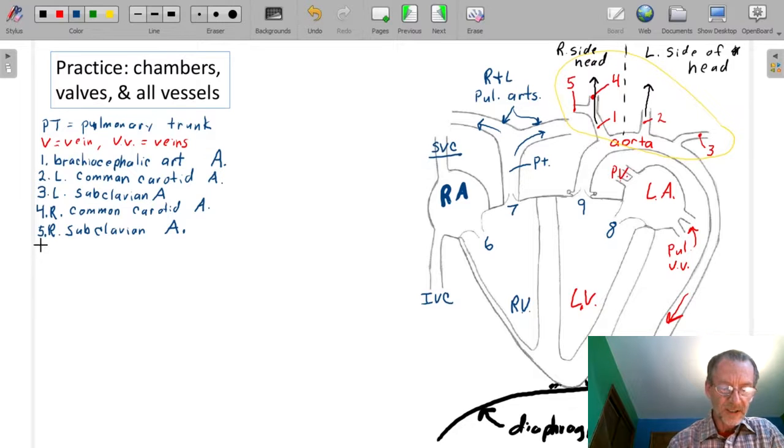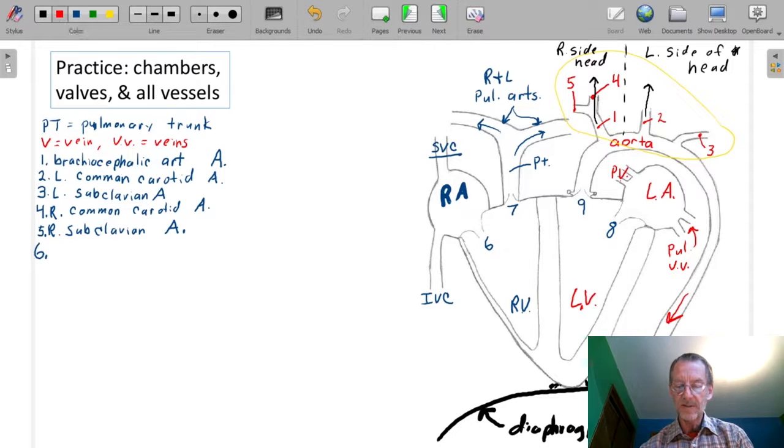And number 6 is the first valve that blood passes through when it returns to the heart. So blood comes through the right atrium into the right ventricle, and it passes through the right atrioventricular valve. No significance to color change here.